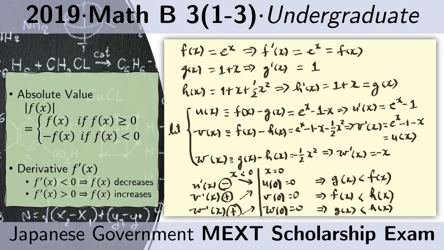What we will do is try to find the value at 0. If we have x equals 0 at this bit, we'll want to know the value of the difference, that's u of x. Let's say it's here. Then we will try to find what happens in the interval that we're concerned with, that is the interval where x is less than 0, or negative.